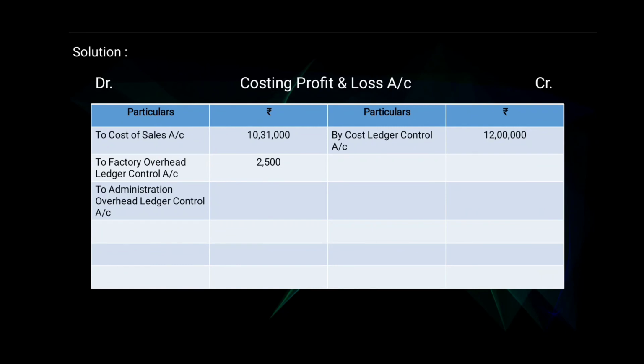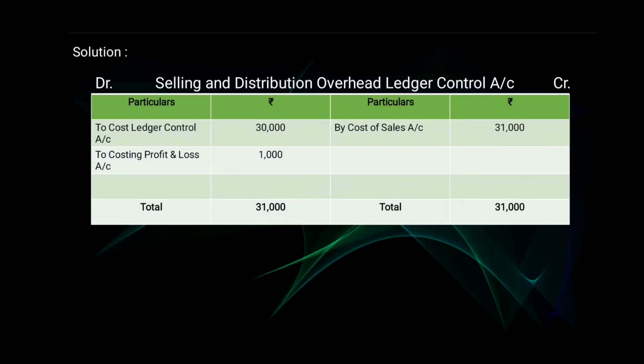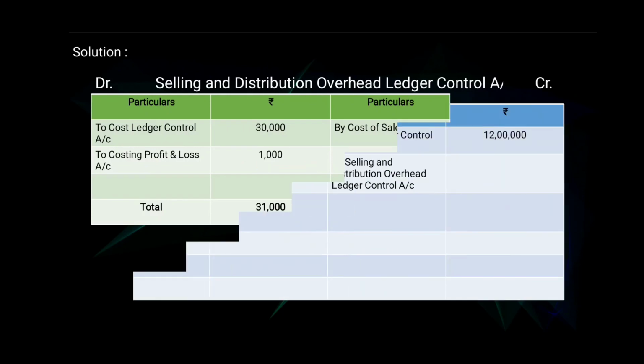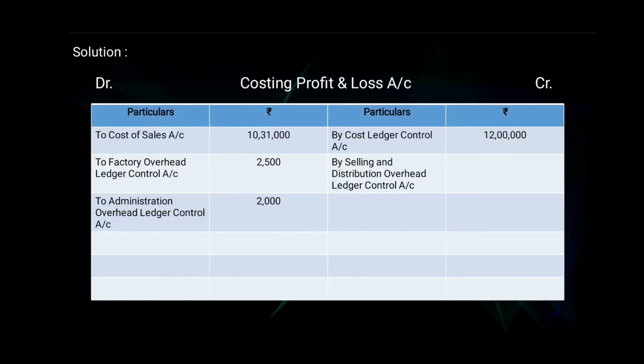So to administration overhead ledger control account, amount is 2,000. Next, in selling and distribution overhead ledger control account, the costing profit and loss amount is coming on the debit side, which is 1,000, which will be transferred to costing profit and loss account. So by selling and distribution overhead ledger control account, amount is 1,000.